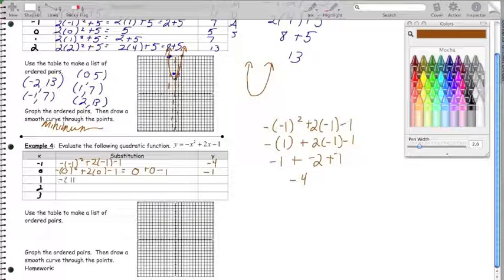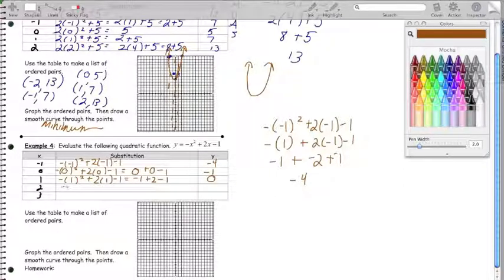Next one, negative 1 squared plus 2 times 1 minus 1. Negative 1 squared is 1, so I get negative 1 plus 2 minus 1. I just get 2. Oops, sorry. That's not right. Negative 1 plus 2 is positive 1 minus 1. I get 0, not 2.